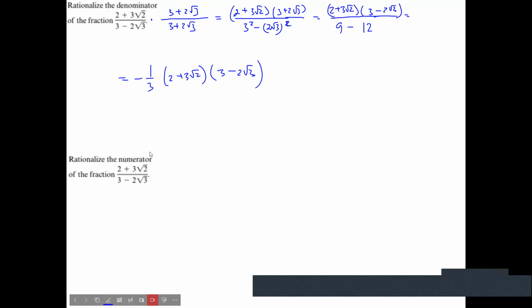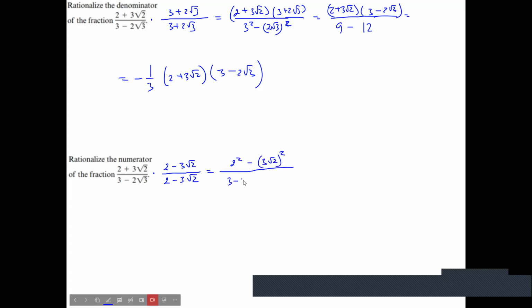Okay, this one, numerator. So I need to multiply by the conjugate for the numerator, which is 2 minus 3 square root of 2. So the numerator, 2 squared minus (3 square root of 2) squared.